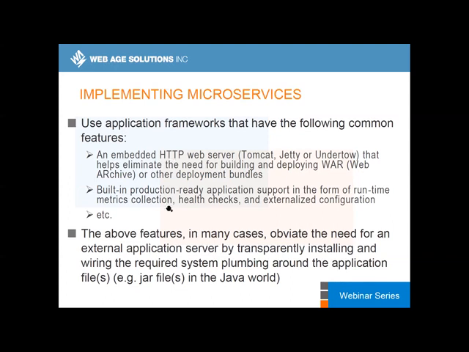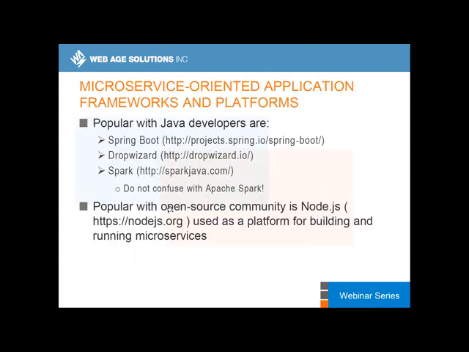Okay, and here's a list of some of the popular frameworks. Again, it's for Java. I'm pretty sure .NET does the same thing. So Spring Boot, Spark. Node.js is a very popular one. Sometimes it becomes a little bit too verbose with those callbacks.